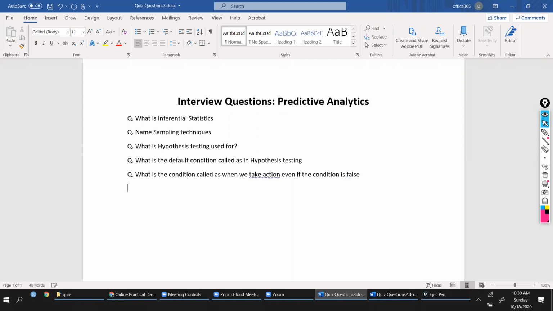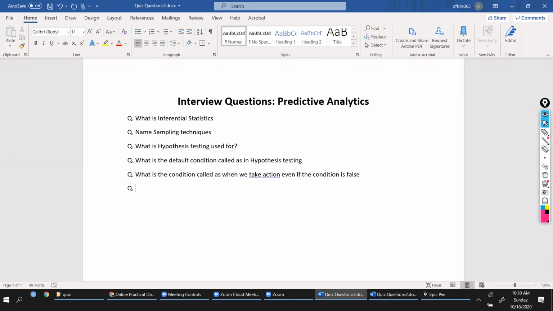Yeah. Very good. Type 1 error, which is represented as alpha. Type 1 error says taking action even when it is not required.